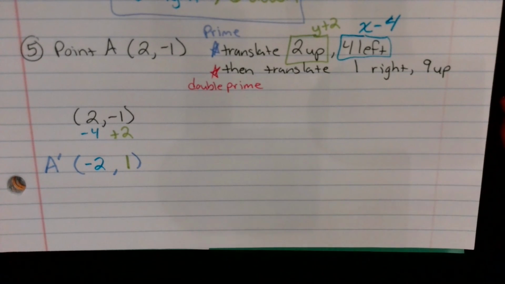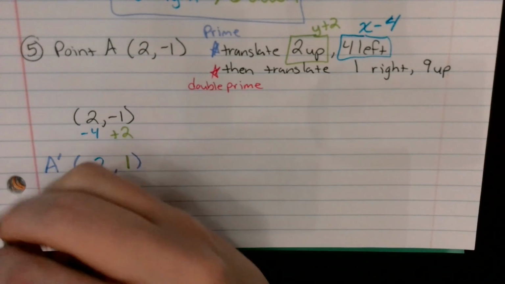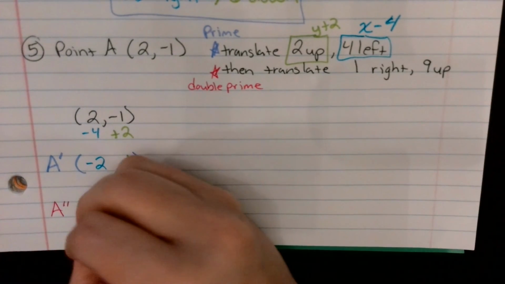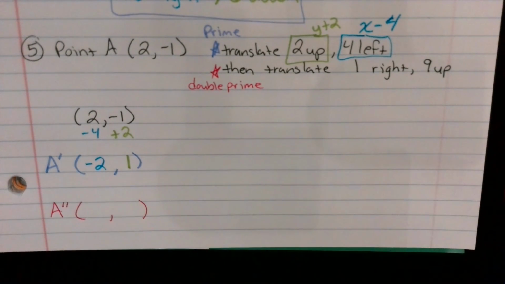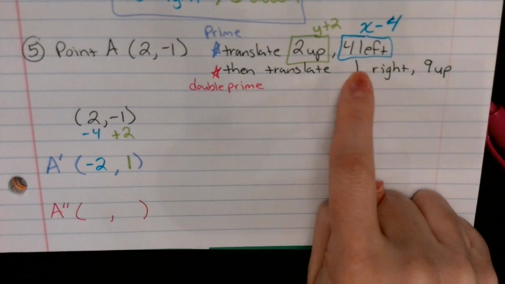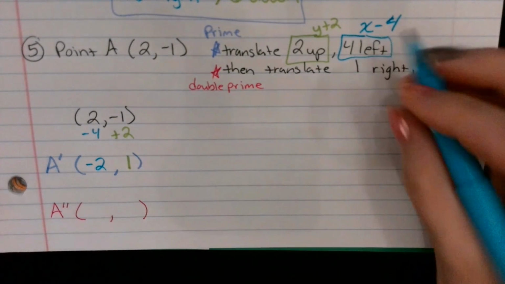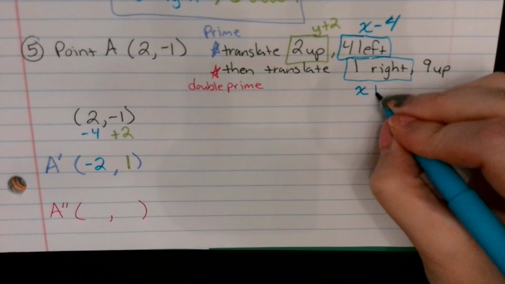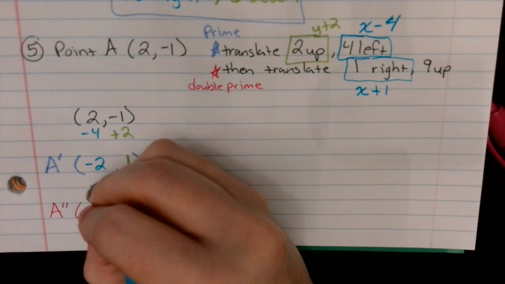Well, then from there, we're going to go on to our double prime, A double prime. Because then I want to go ahead and translate 1 unit right and 9 up. So 1 unit right, moving to the right, is going to affect my x. I'm going to add 1 to the x.